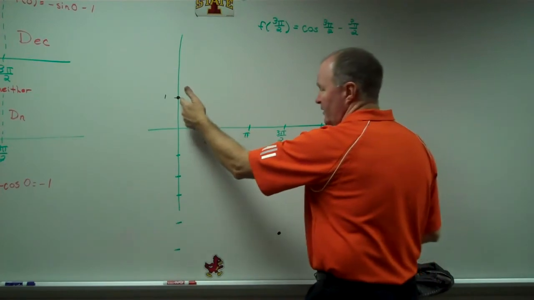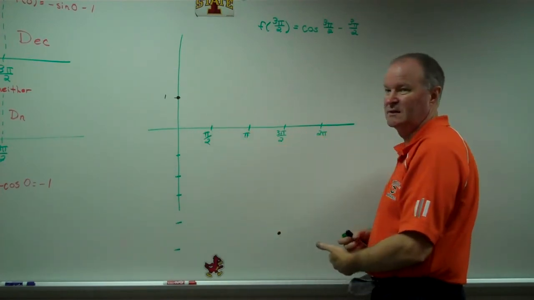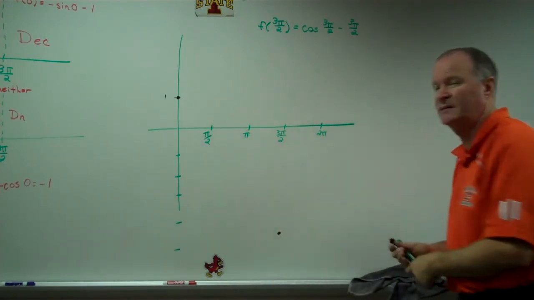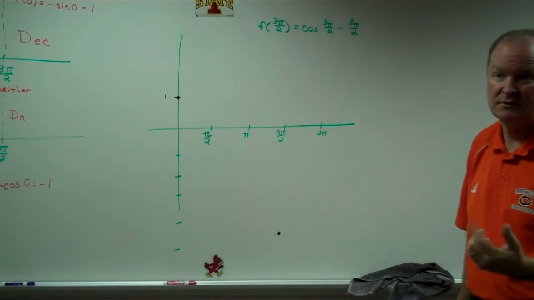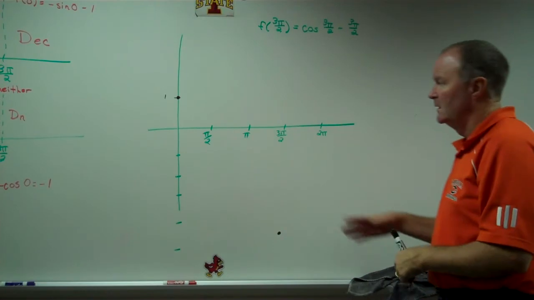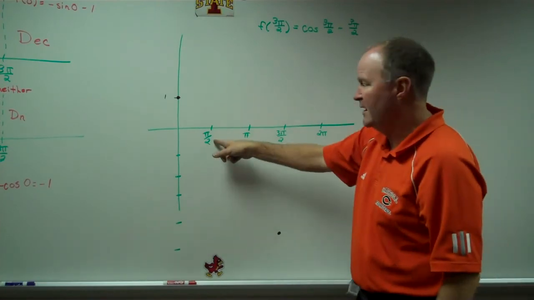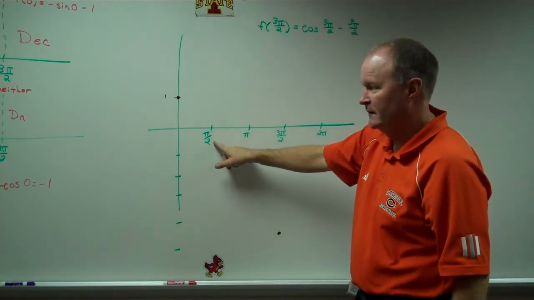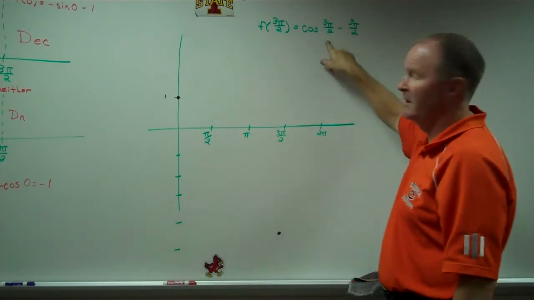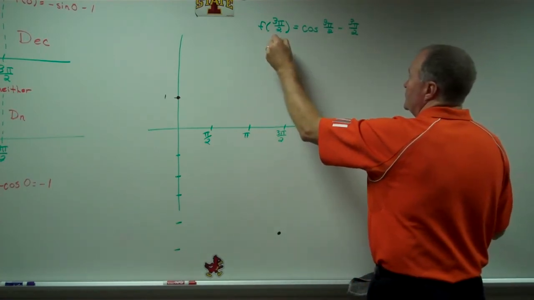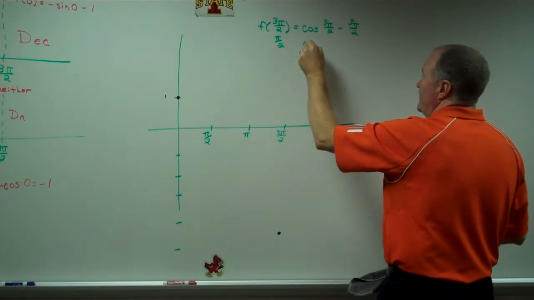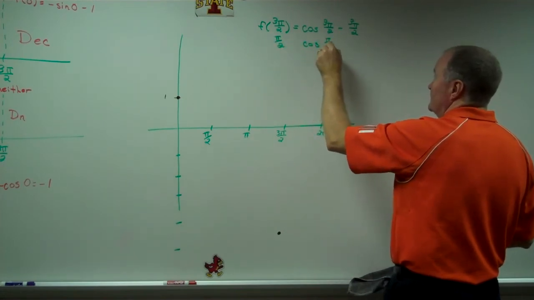Obviously I'm going to go from here to here. It's going to cross somewhere, so I'm probably going to have to go back and get the x-intercept. Or I'm just going to say, it's only 1 point. But we'll see what we got. Pi over 2, should I plug it in? Same thing? Pi over 2. Cosine of pi over 2? 0.